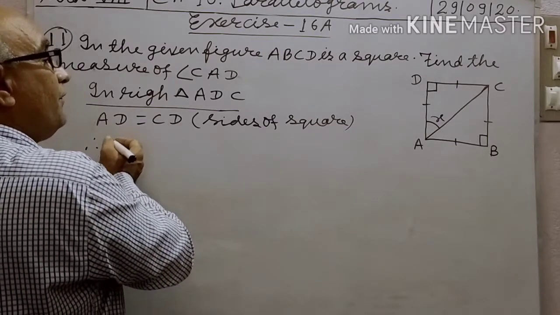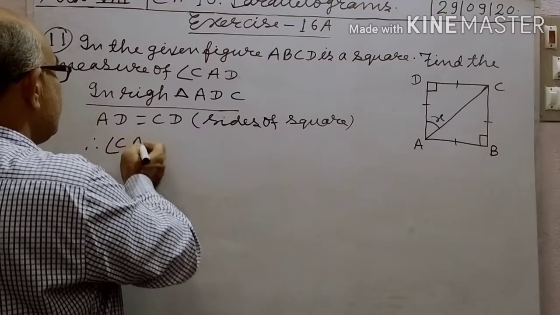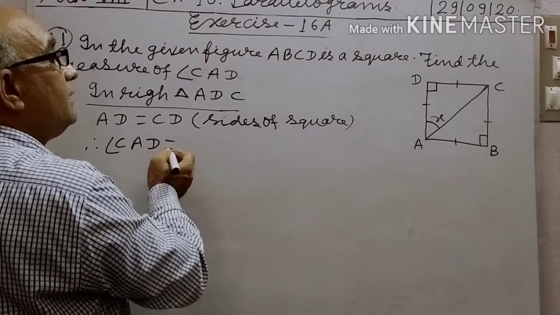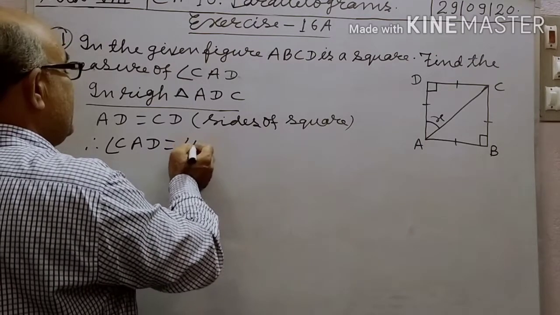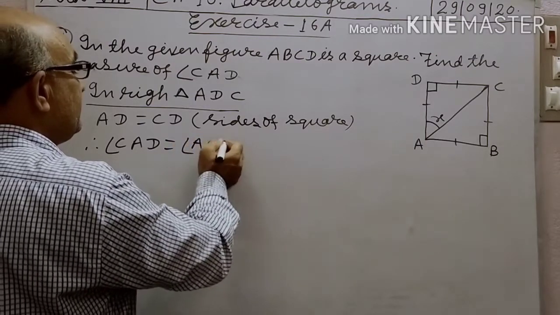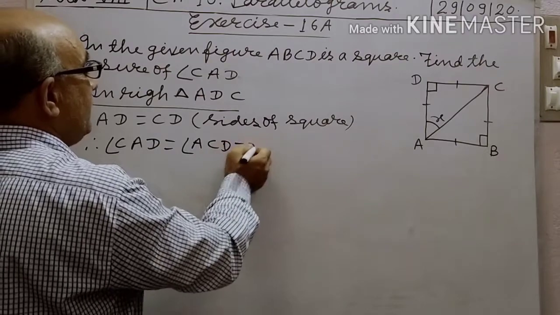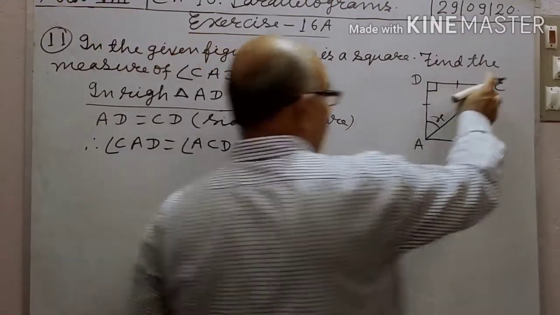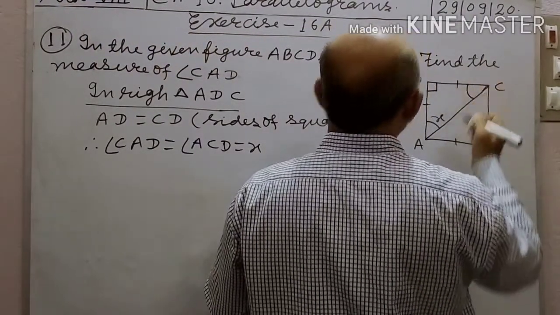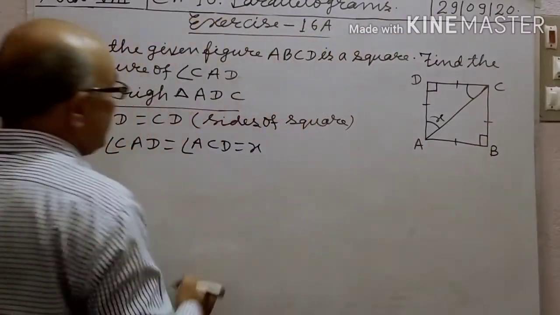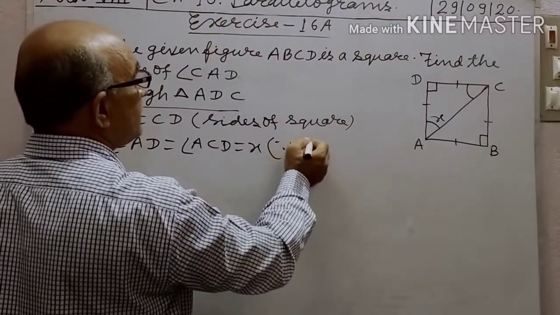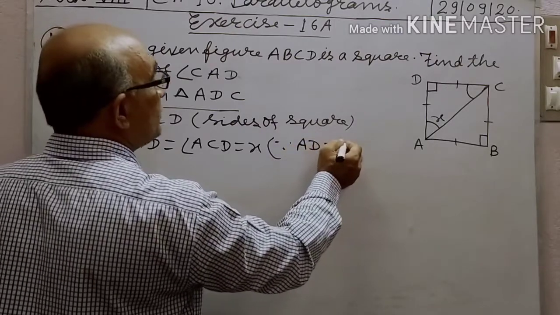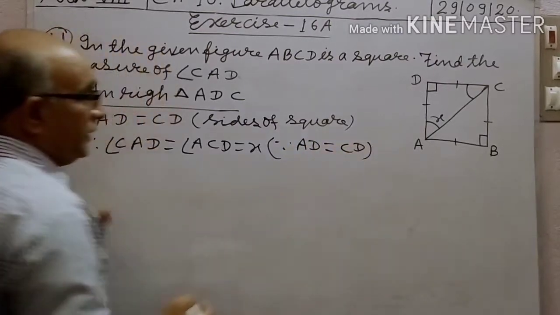Therefore, base angle CAD equals angle ACD equals x. Base angles are equal since AD equals CD.